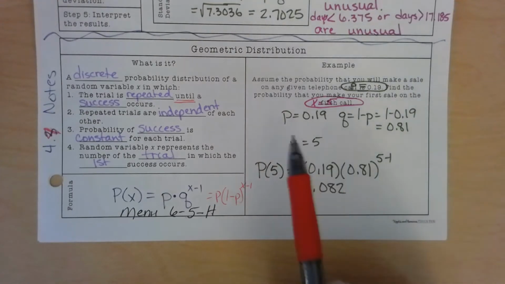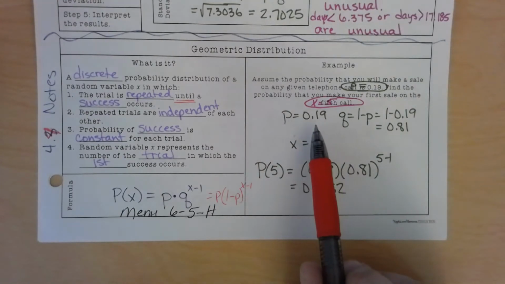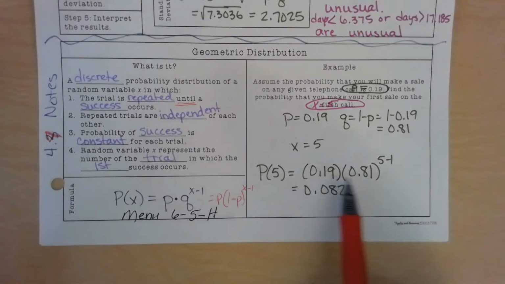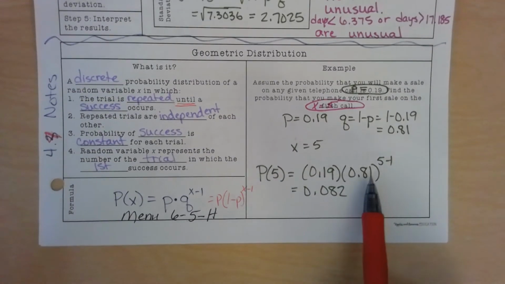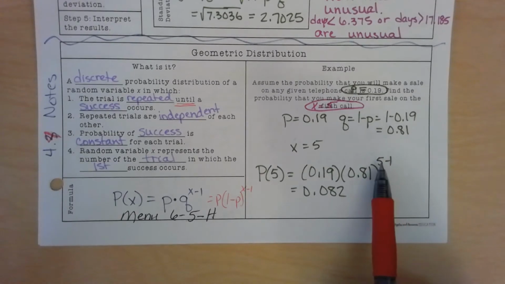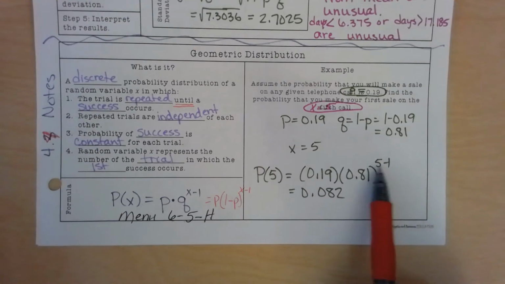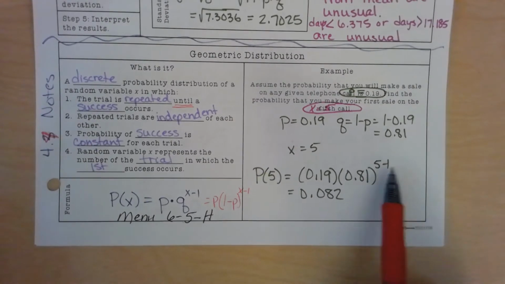So P is saying that anytime you make a call, you have a 19% chance of getting the sale. It takes you 5 tries. The probability of the 5th call being the success is the success 0.19 times the failure 0.81 raised to the 5 minus 1. 5 is X, the number of trials it takes you, minus 1 allowing for the failures before it.